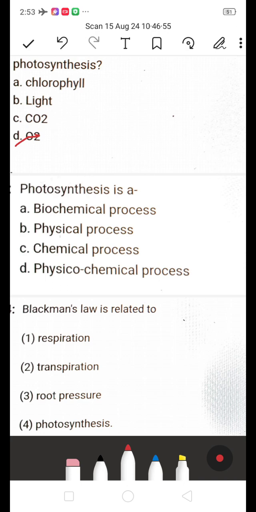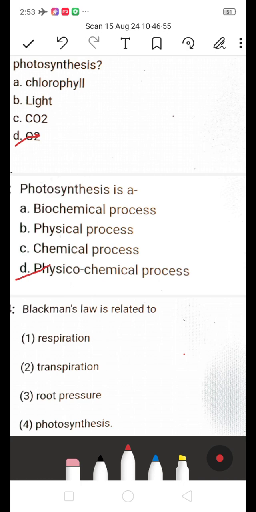Next one, photosynthesis is a biochemical process, a physical process, a chemical process, or a physico-chemical process. Which is the right answer? Its answer is D. This is the right option because it's a physico-chemical process, because it involves both physical as well as chemical components.